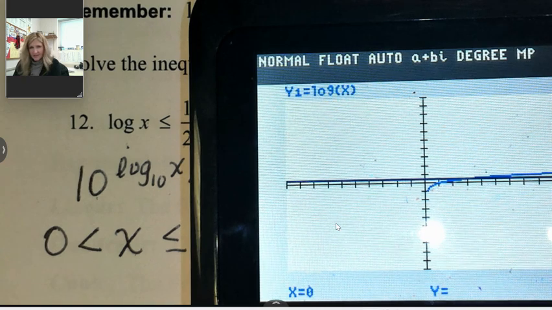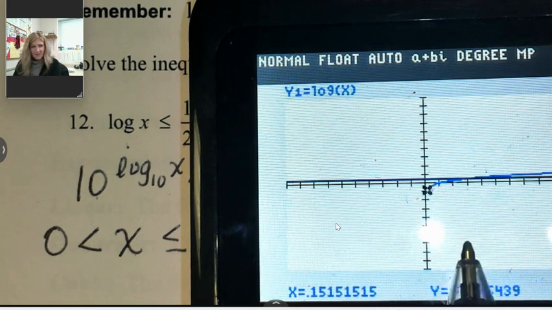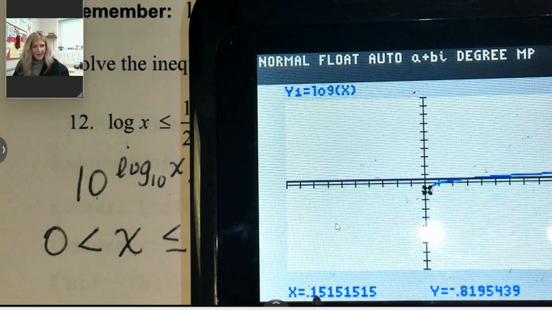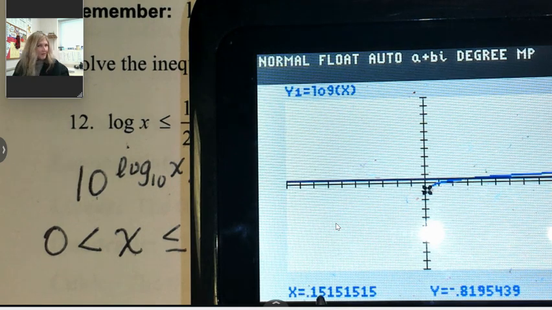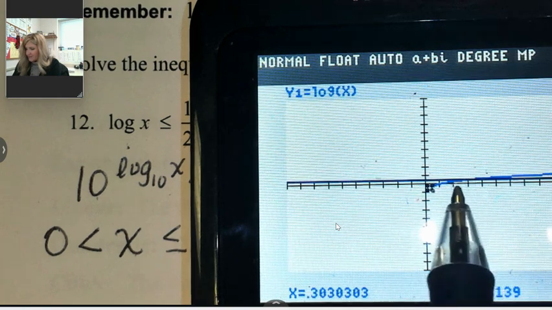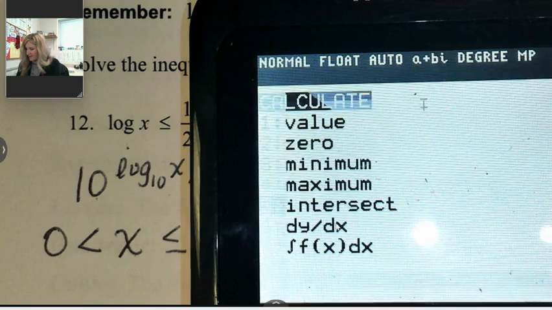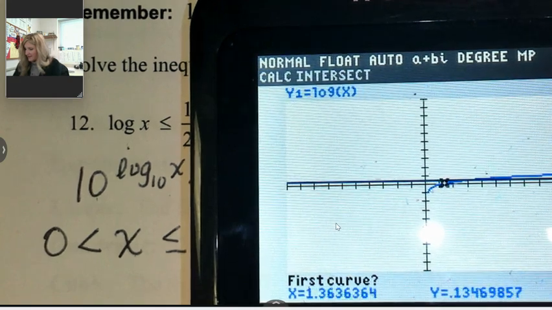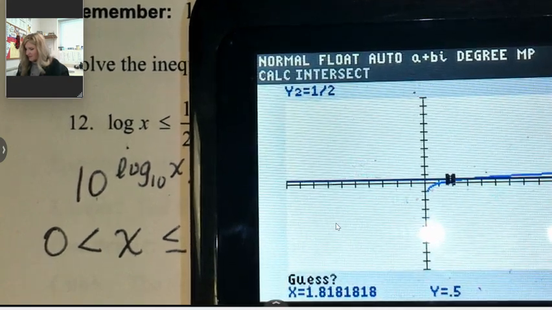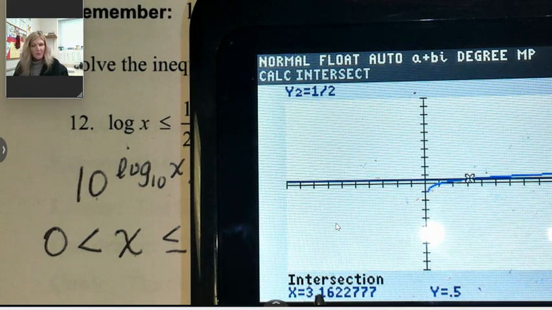If I hit trace, see how the first time I get an answer for that is when x is 0.15, a little bit greater than 0. Let's now find that intersection point right there. Second, trace, calculate, intersect, get over there kind of close to it, enter, enter, enter, and I get 3.162.